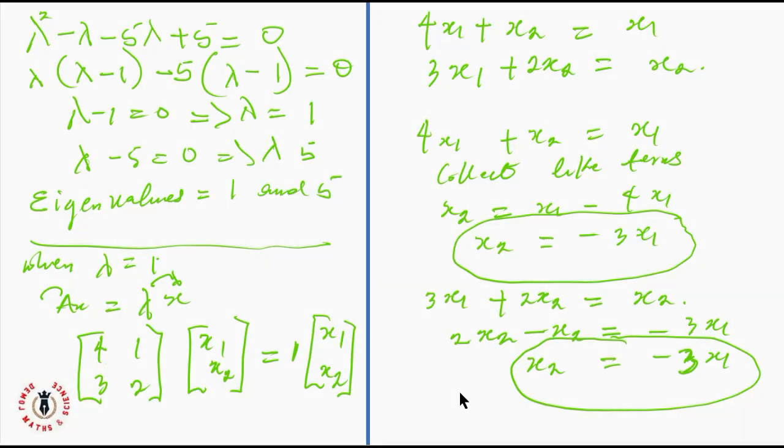Now, let's interpret this expression. Let me bring up the expression again. This is x2 equal to minus 3x1. It might be a little dicey, but I want you to understand it well. This tells me that for every one of x1, x2 is minus 3 times x1. That is, if x1 is equal to k, the value you should have in x2 will be minus 3k.